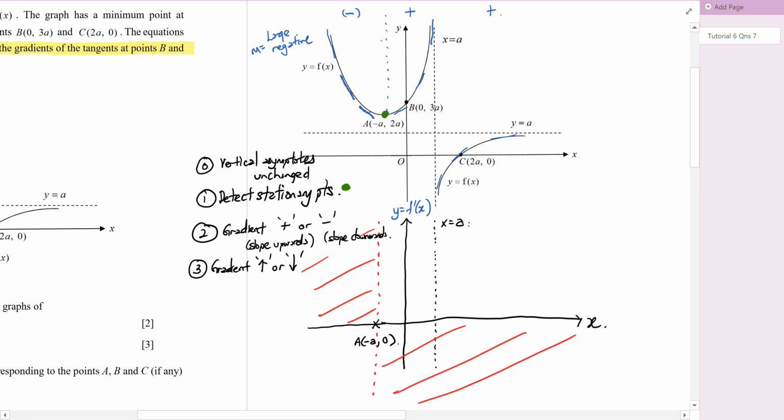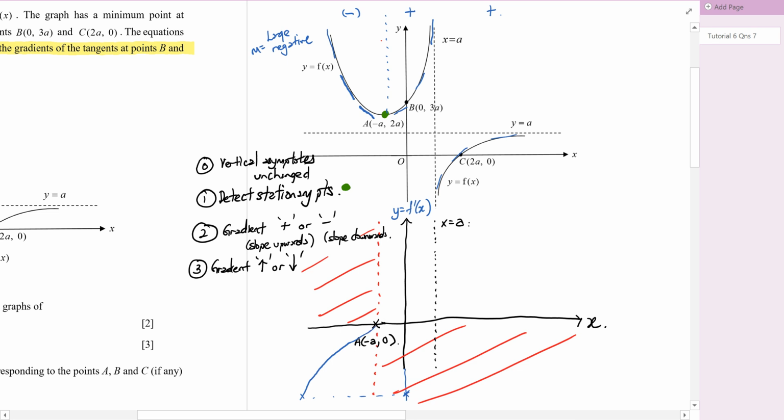It becomes less negative, so to speak. So your gradient starts from a very large negative number, and then it gets smaller, towards 0.